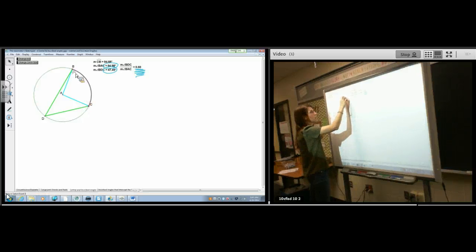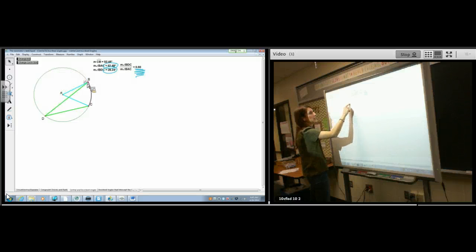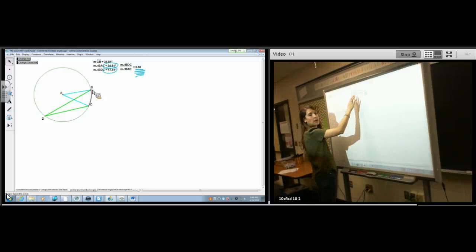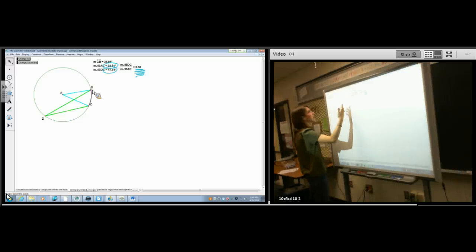Whoa, the angles are changing, but is the inscribed angle still exactly half? Is the 0.5 changing? No matter what I do, the inscribed angle is half of the central angle. So angle D is half of angle A, 34 and 17, no matter what I do.